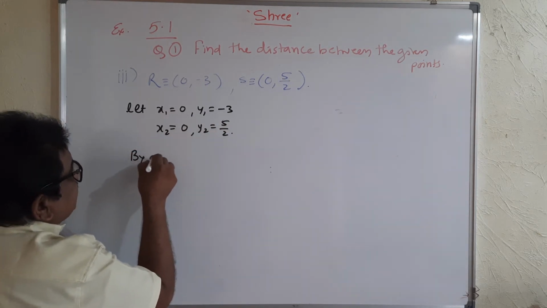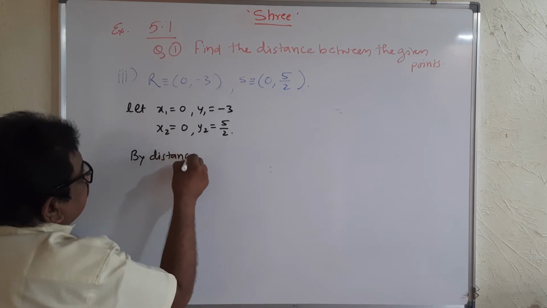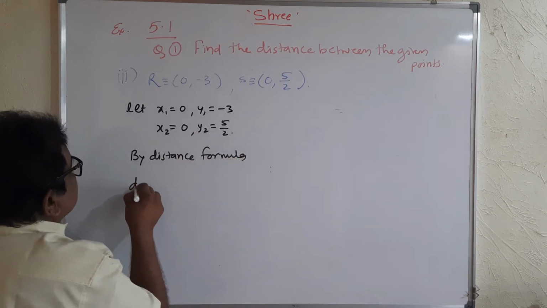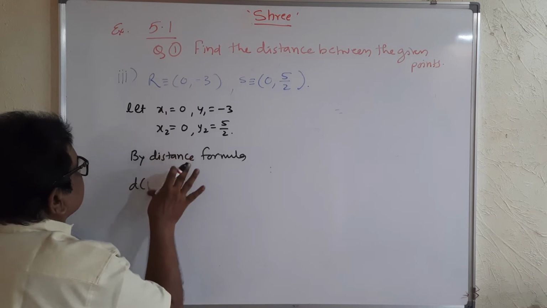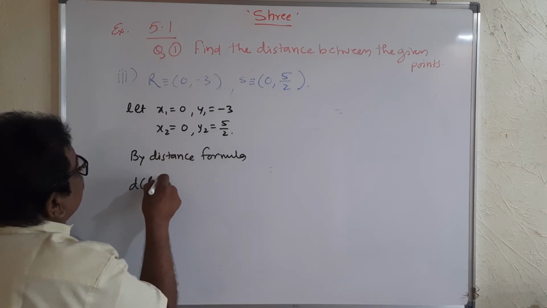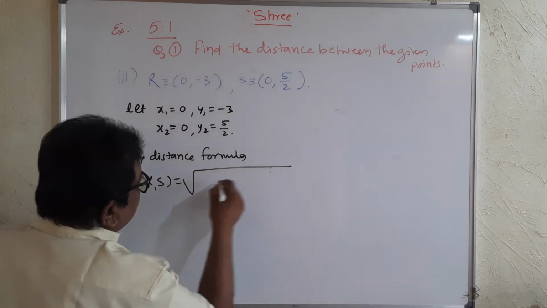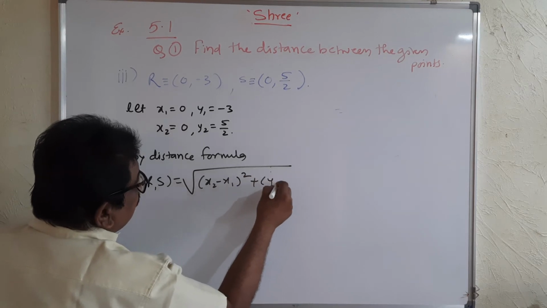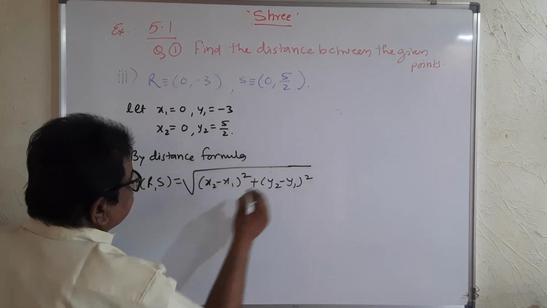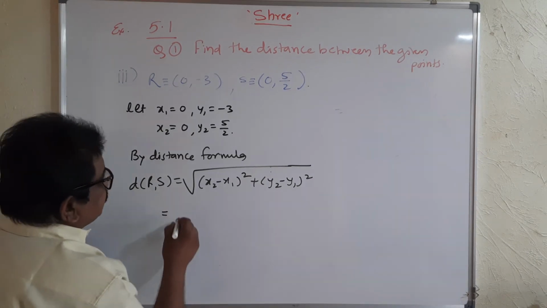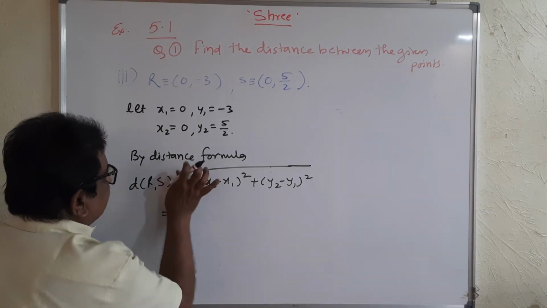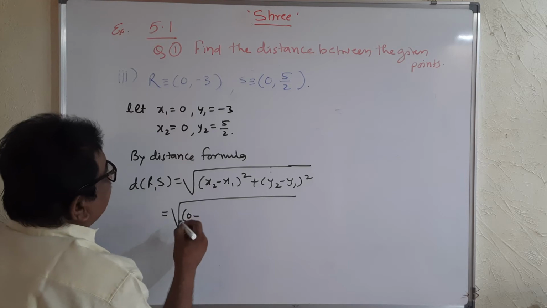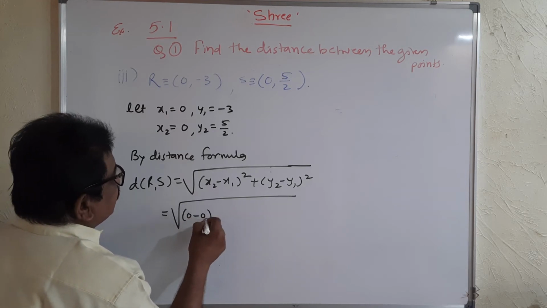So again, by distance formula, distance RS is equal to under root x2 minus x1 the whole square plus y2 minus y1 the whole square. Who is x2? 0. Therefore 0 minus 0 the whole square.